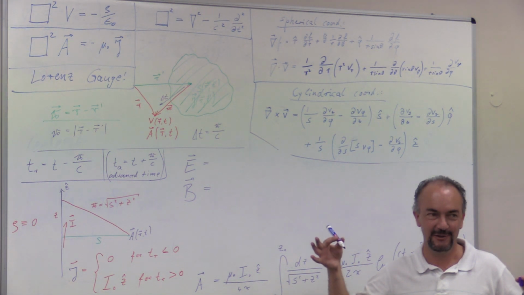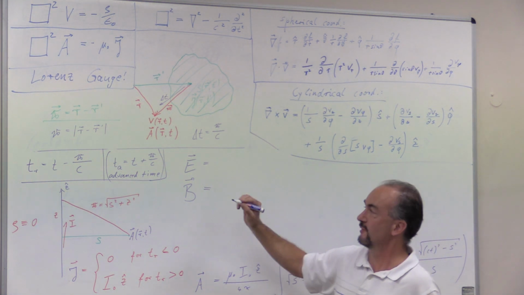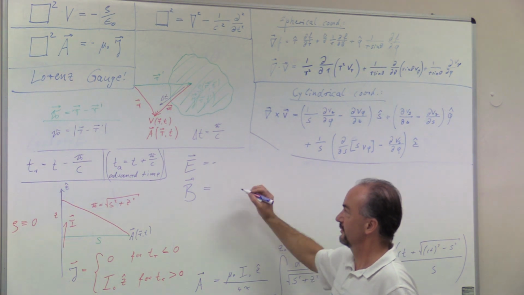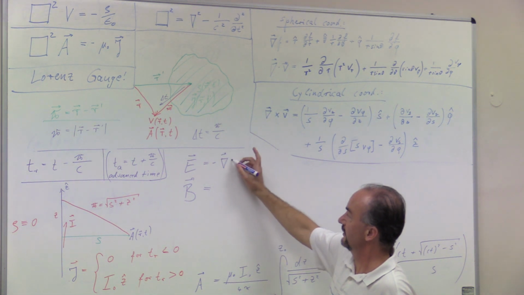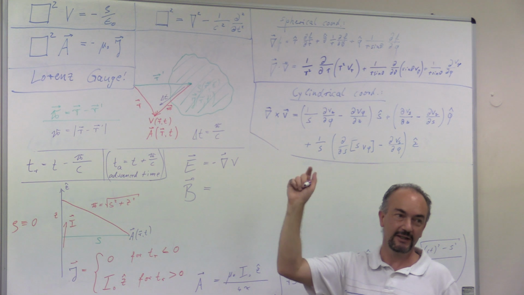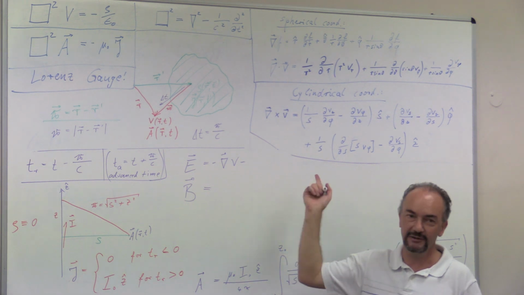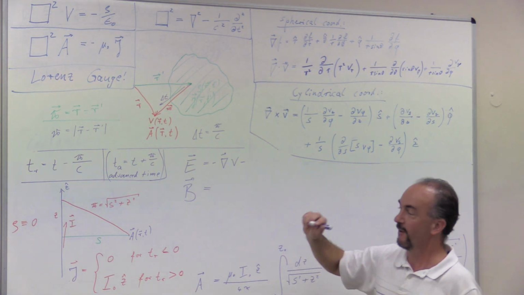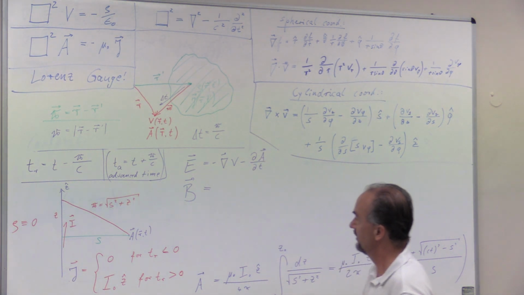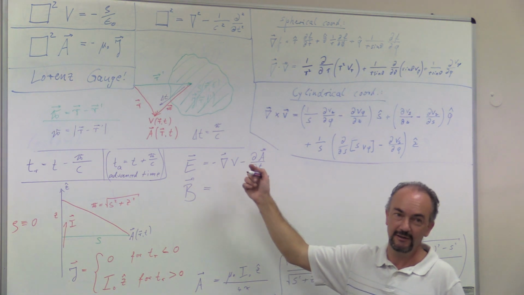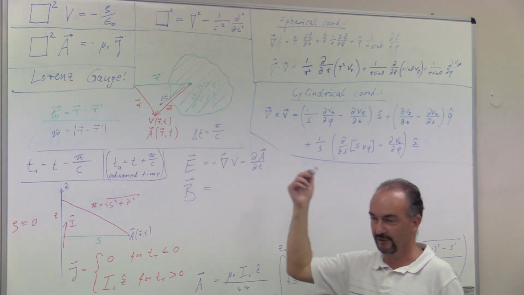Minus gradient V. That would be all for the static case, right? But for the dynamic case with time dependence, we have derived that there's a second term last week, right? Very good. Minus dA over dt, yes. And the magnetic field, since its divergence is 0, we have said we can write this as curl of A, right?